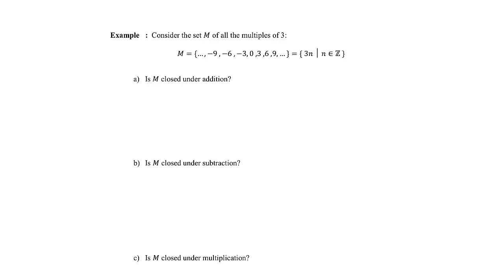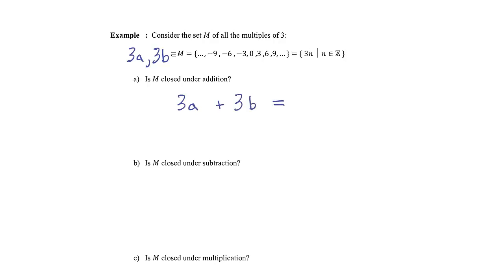Let's try to take two numbers within this set, add them together, and show that we always land back within the set. So digging my hand in the set, I'll pull out a 3a and a 3b. Okay, so with the 3a, I want to add it to 3b.